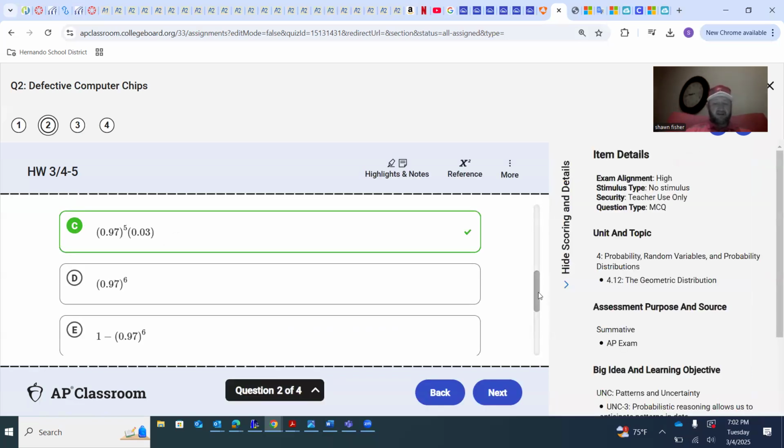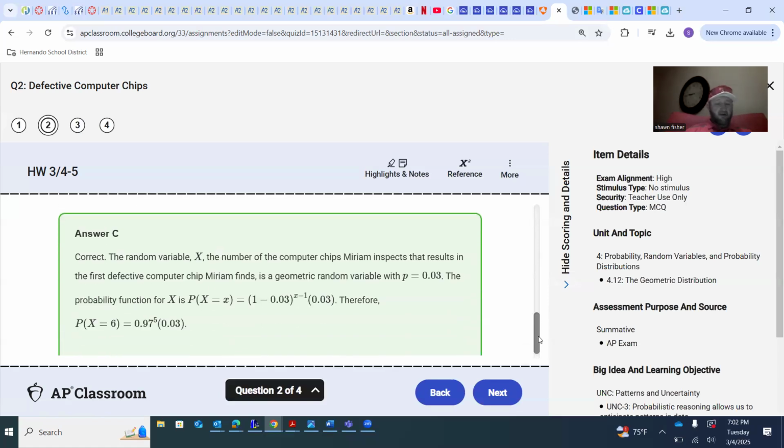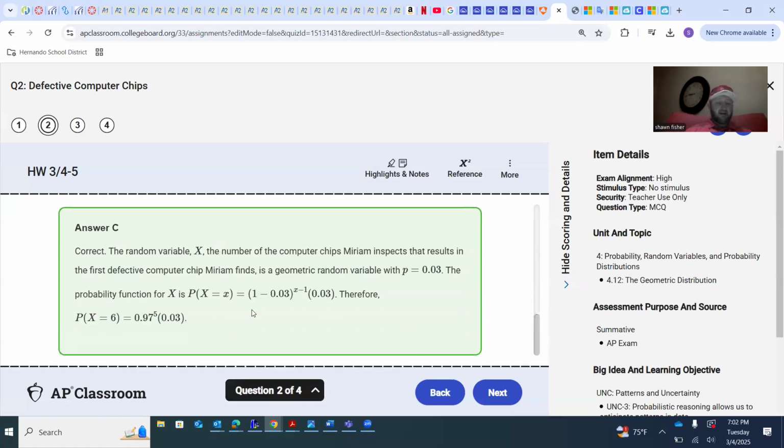Yeah. Let's see. I want to know. Yeah. Once again, the formula for geometric. Oh, I see. Okay. So 1 minus all of the failure, right? And the number of times that I'm looking for minus 1, times what it is I was looking for, the defectives, right?